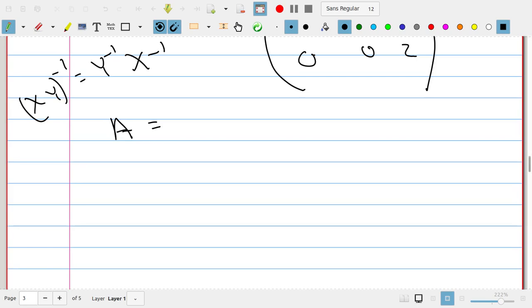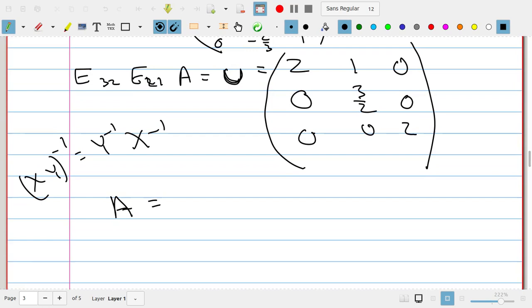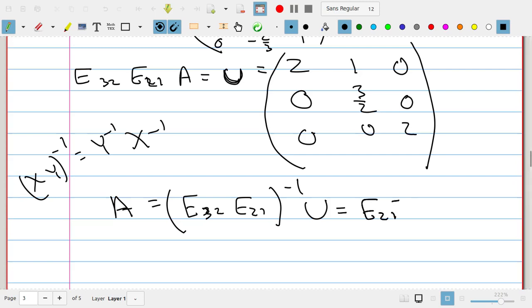So A should actually be equal to the product of E32 and E21 inverse times U, which is actually the same as E21 inverse E32 inverse times U.